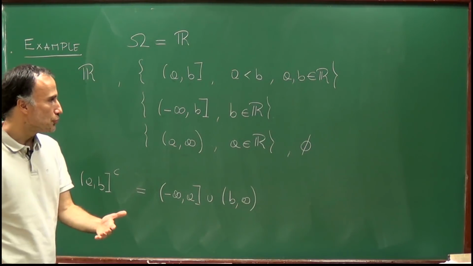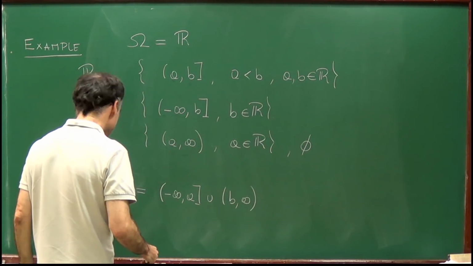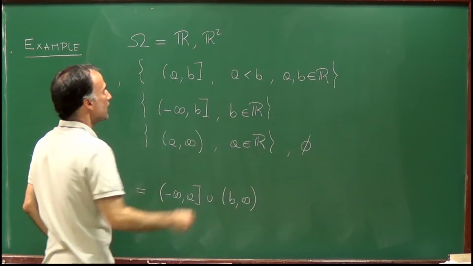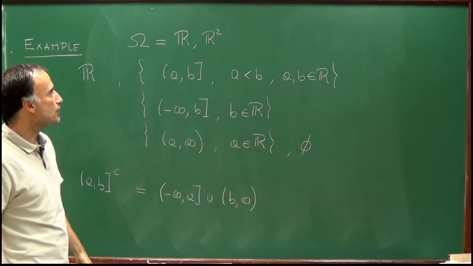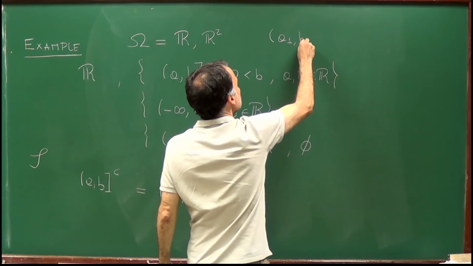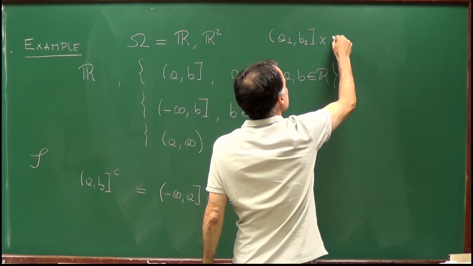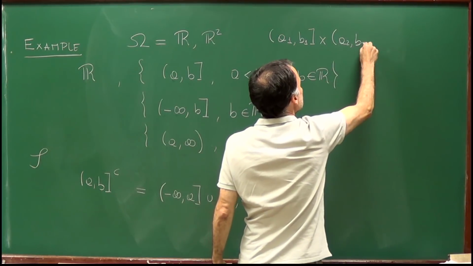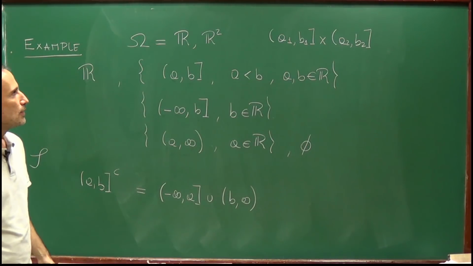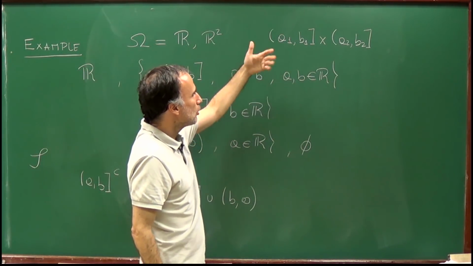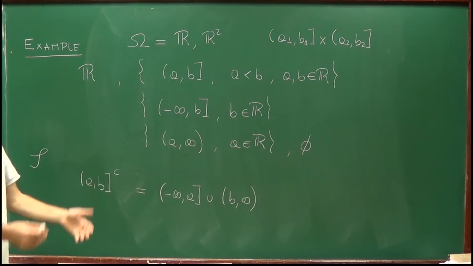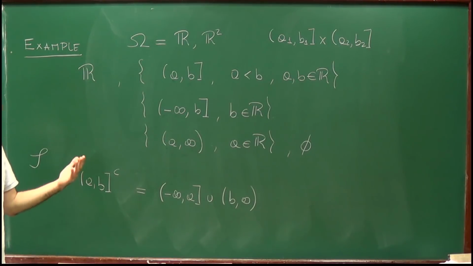And I leave to you also to check that if you take, instead of R, R square, and instead of these intervals, rectangles of the form A1, B1 times A2, B2, with the natural extensions to semi-infinite intervals, then this class also forms a semi-algebra, and you can extend that to any finite dimension in a similar way.